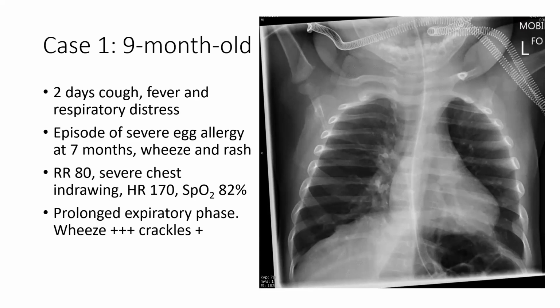When we're looking at an X-ray of a child with severe respiratory distress, we're often looking for consolidation, aren't we? But can you see any consolidation on this X-ray? There's not much, is there?